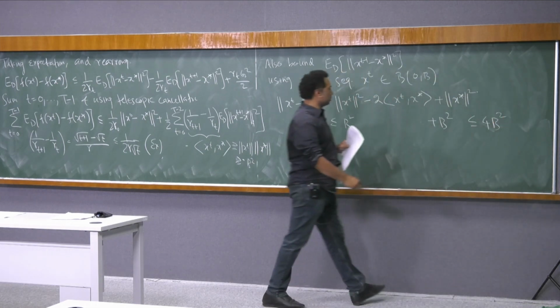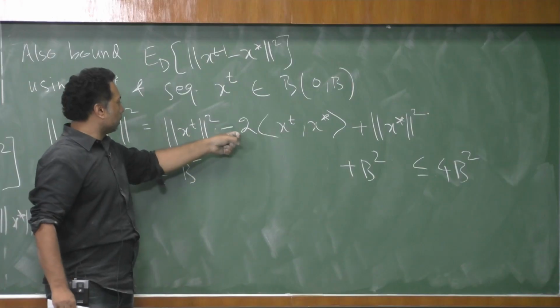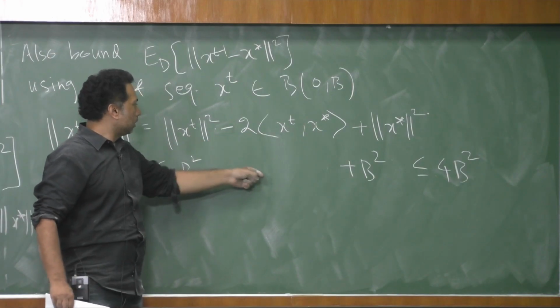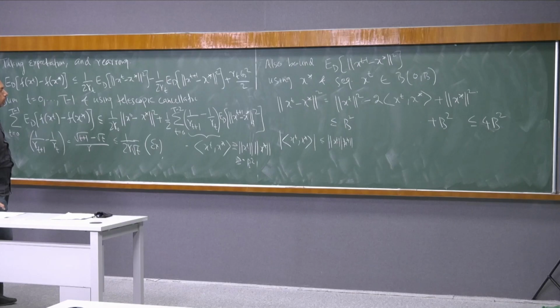So overall it's less than equal to 4b squared. If it was plus, then I can say that it's possible, because plus 2b squared will come from here, and then overall it will be less than equal to 4b squared, because the left hand side is a norm, so it's positive. So the right hand side, after expanding, I can also take the mod, because it's a norm anyway.